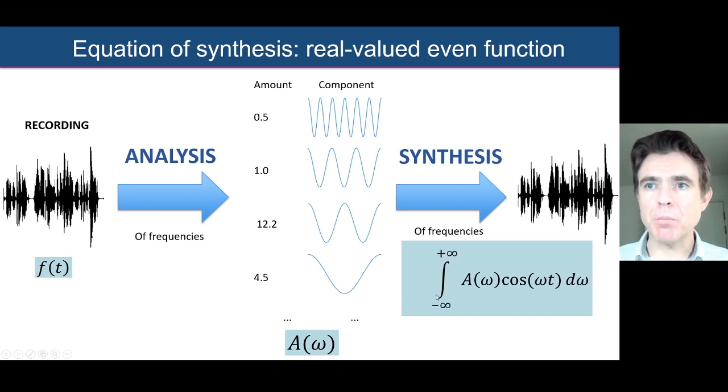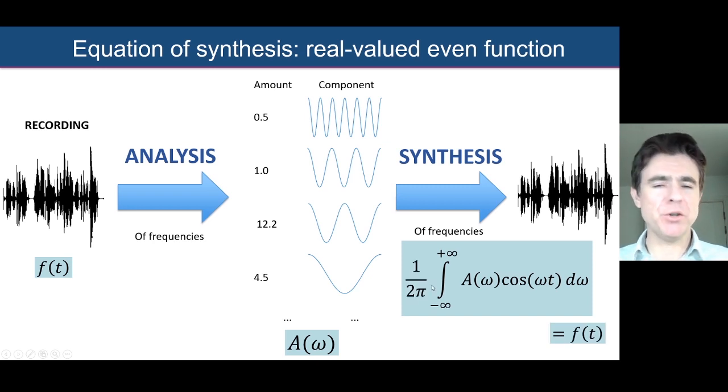Then I need to sum, that's the integral sign for summation, over all the frequencies omega. So imagine a whole continuous range of frequencies that I'm summing over, add them all together with their various coefficients, or indeed their amplitudes a as a function of omega. Then I just need to scale, because I'm using omega in terms of the number of waveforms fitting in 2 pi, it means I just need to put a scale factor in the front there.